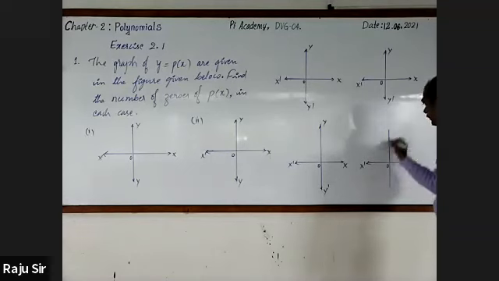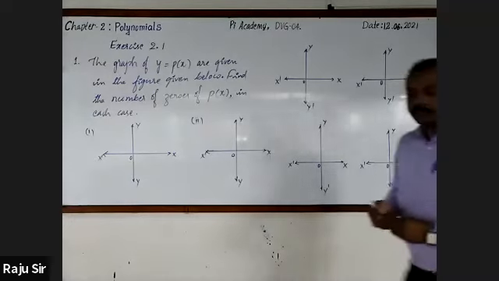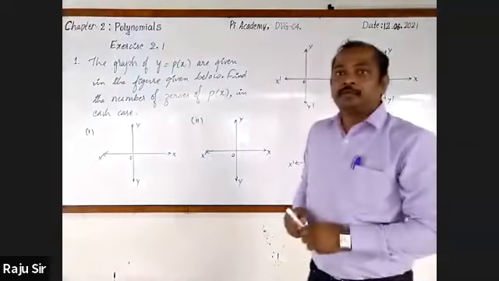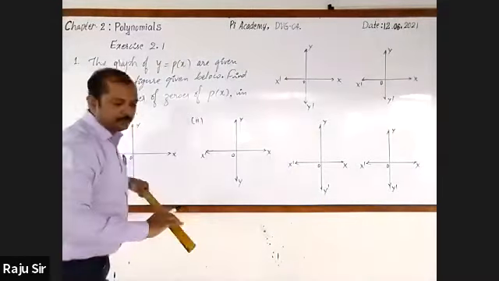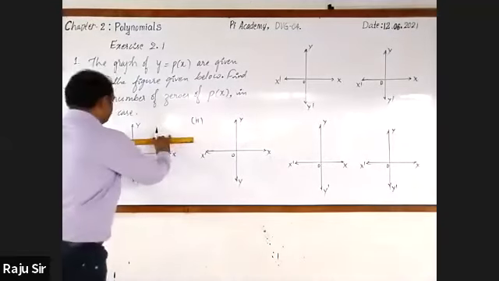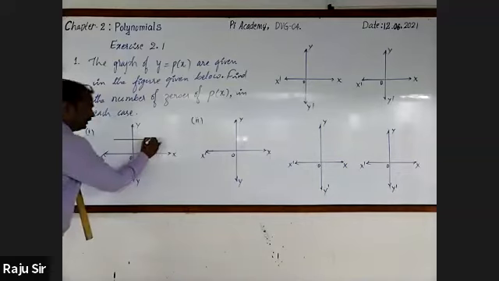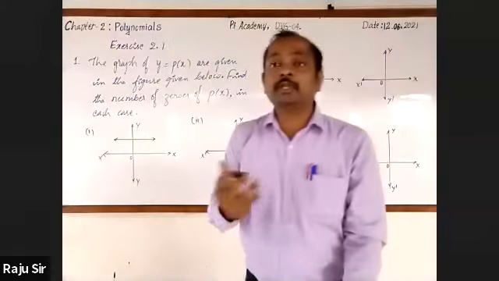Now, let me show you the actual graph they have given. Let's take them one by one. First one. It has been given like this. The graph of a polynomial is parallel to the x-axis. How many zeros does it have?